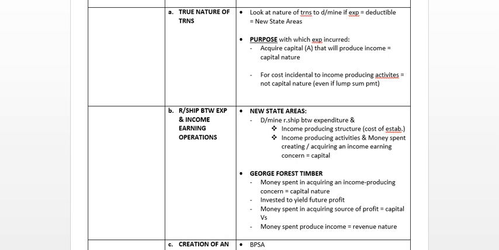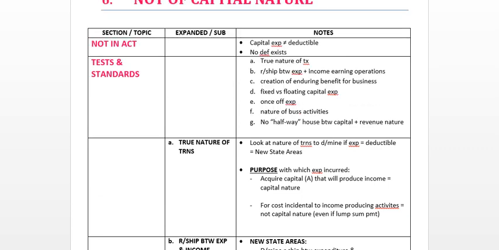Then the relationship between expenditure and income earning operations. New State Areas is another case. Again, determine the relationship between expenditure and the income producing structure: the apple and the tree.